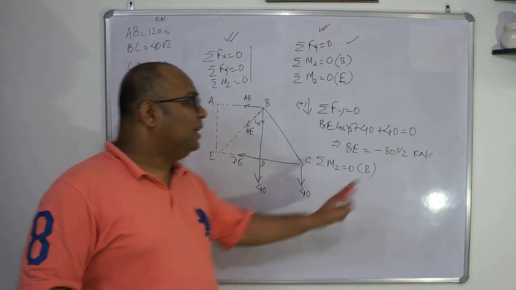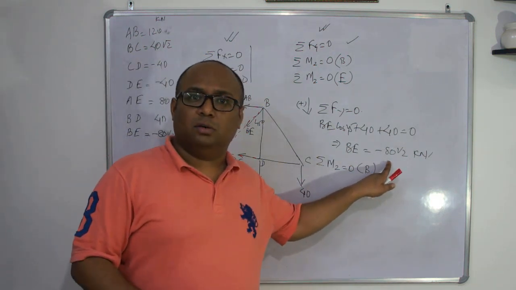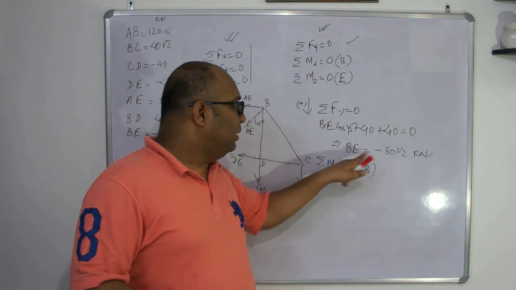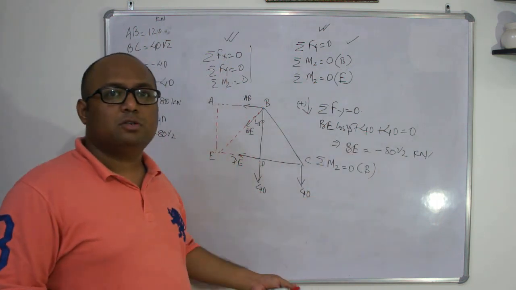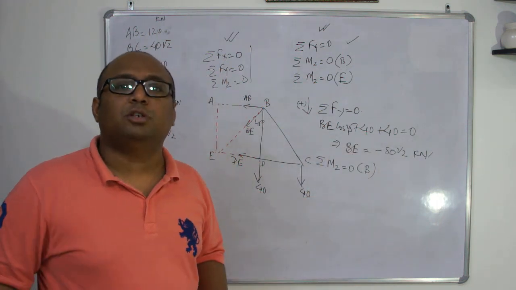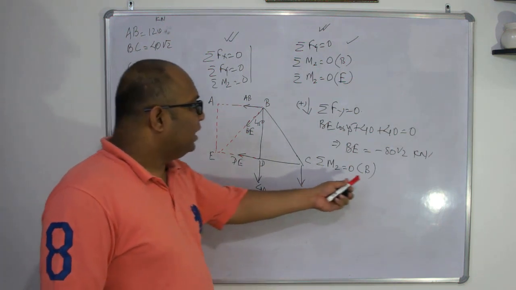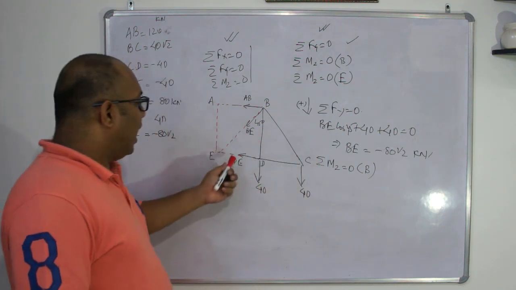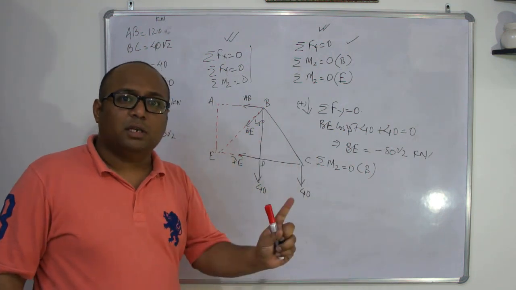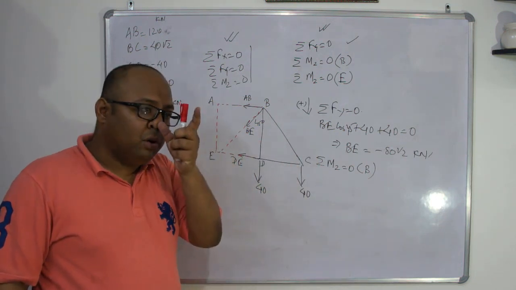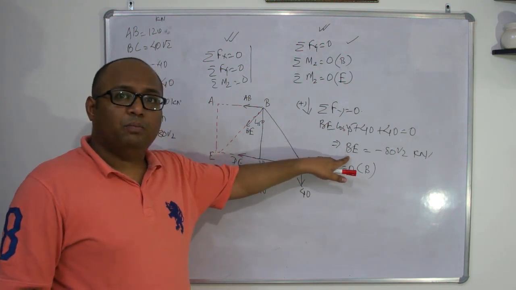Second point, even if my answer is incorrect and I don't have dependency of this answer in my next equation, there are chances that the other portion of my answer may be correct. Is that okay? So if I take moment about B, I will have only one unknown and one equation in this case, and therefore I don't need this value.